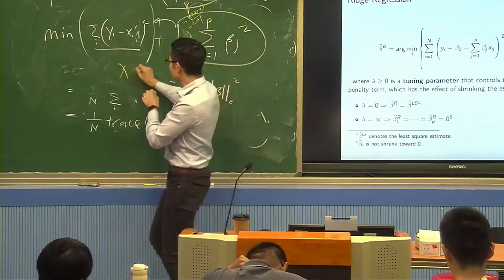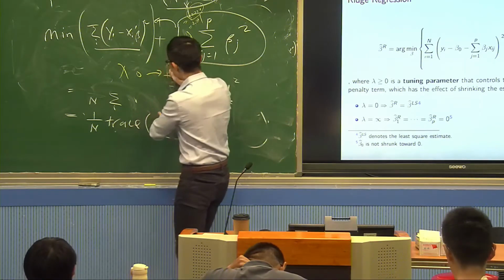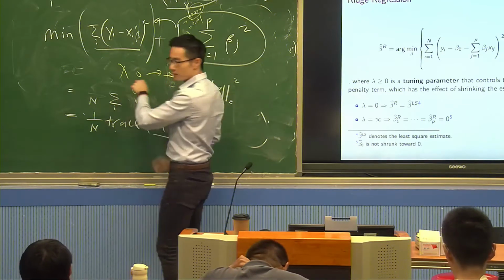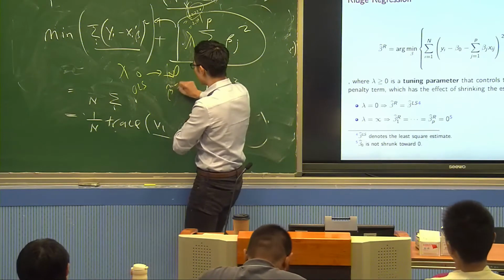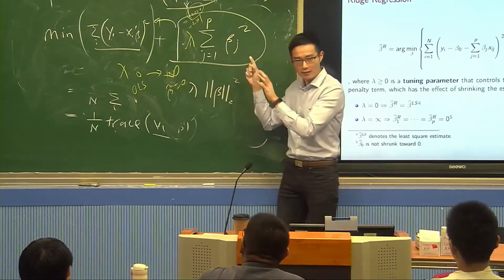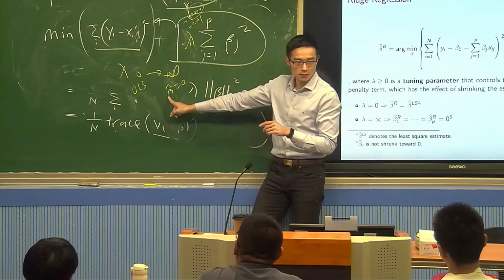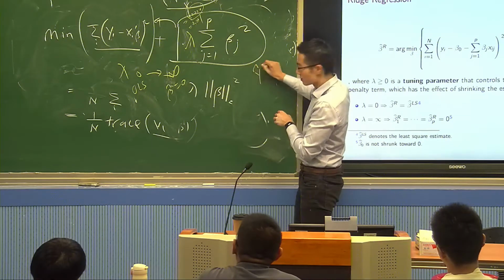So if lambda goes from 0 to infinity, when lambda is 0, we have OLS. But when lambda is infinity, all the beta hat becomes 0, because you cannot have anything above 0. What happens when all the beta equal 0? Then our model is y hat equal to 0.